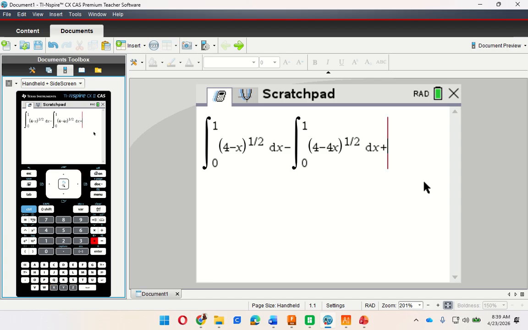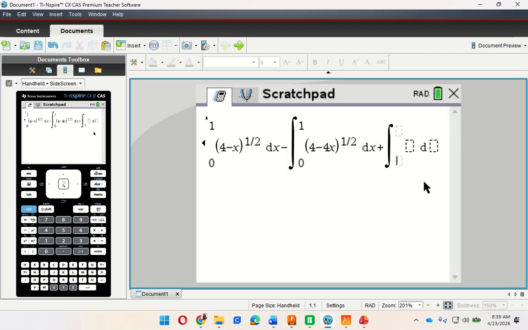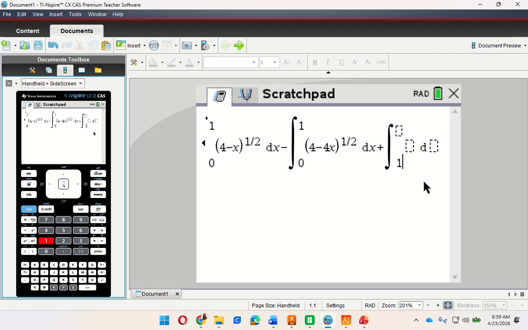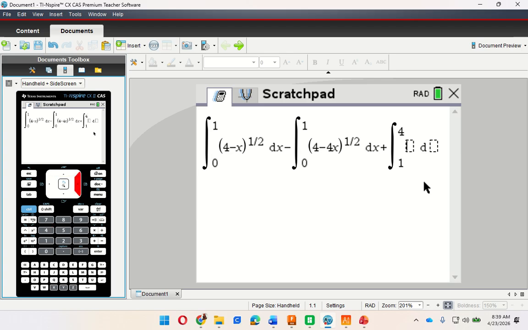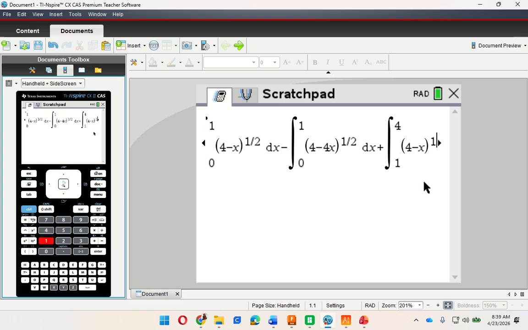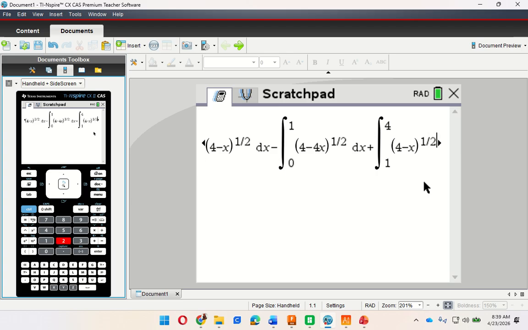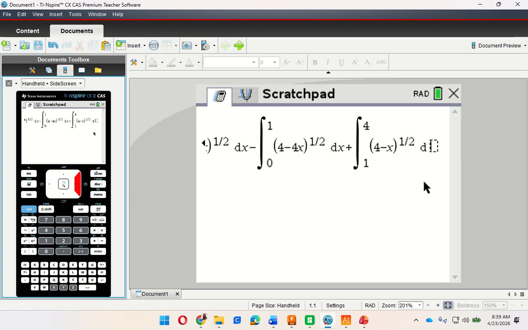Next one's going to be a plus. My integration from 1 to 4 parentheses 4 minus x close caret 1 over 2 dx.